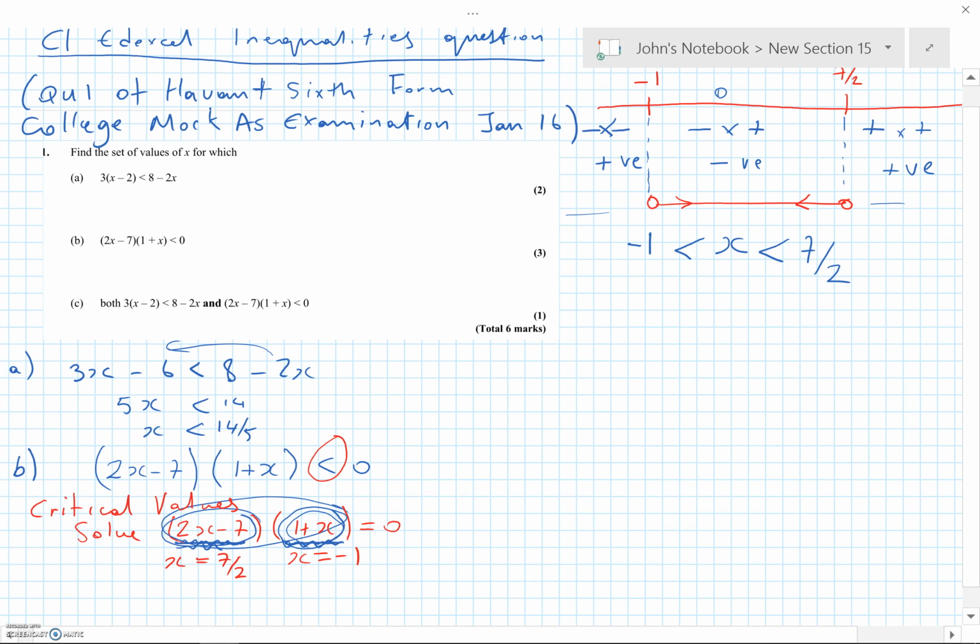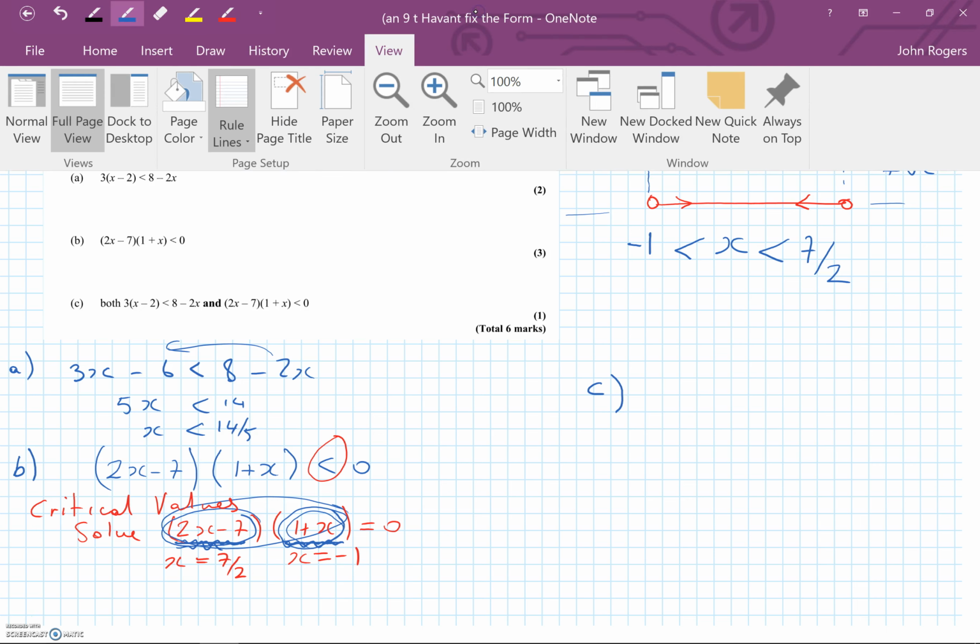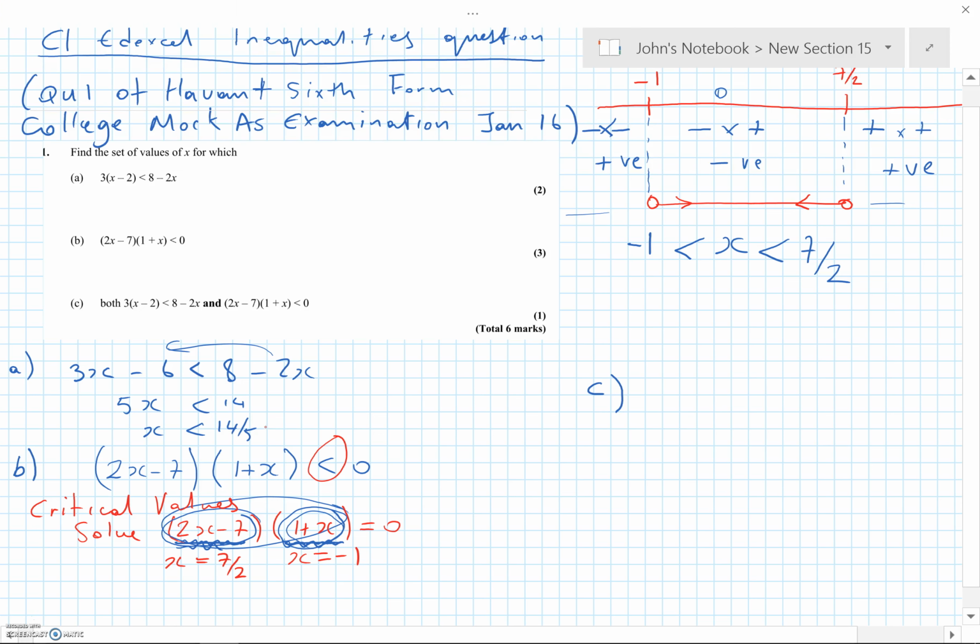For part C, we're combining these two. Combining these two, I'm going to use the number line I drew above to do this. If I go back to this bit here, that is x is less than 14 over 5. Now 14 over 5 is definitely less than 7 over 2.